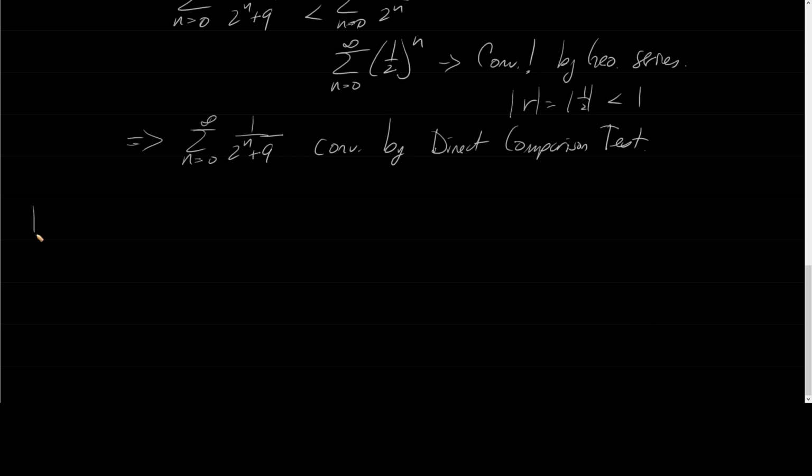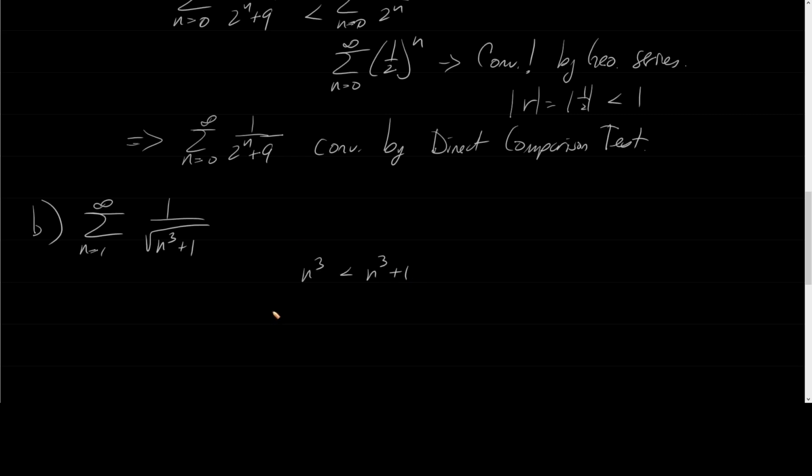Let's say that I have the series of 1 over the square root of n cubed plus 1. And in here, let's consider the following. We know that n cubed is less than n cubed plus 1.